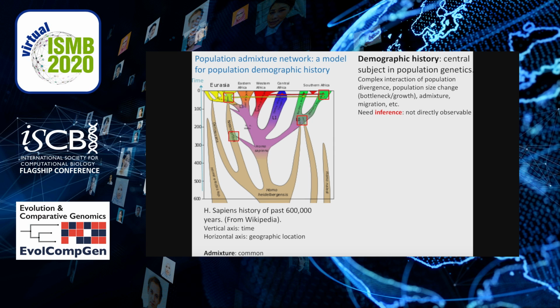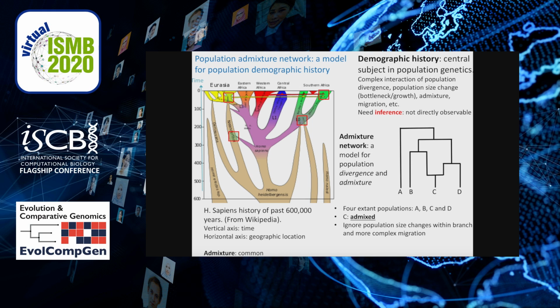So we would like to do some inference of the admixtures from the genetic data. This is because the demographic history is usually not directly observable. To do such inference, we simplify the model. Here we consider a model called the admixture network model, which only models population divergence and admixture.